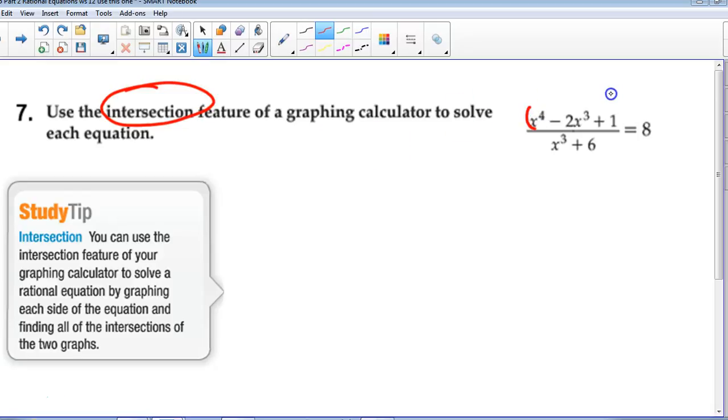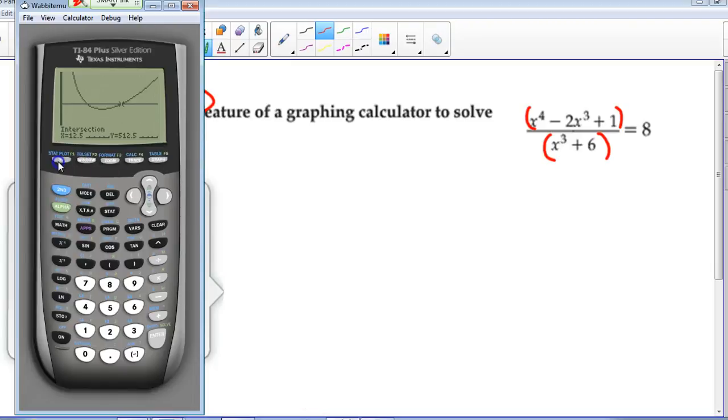You have to put parentheses around the whole top and the whole bottom. And you're going to get a kind of very screwy graph, okay? But you want to know one thing, where it hits exactly 8. So let's try graphing this. I don't really know what our window is going to be.